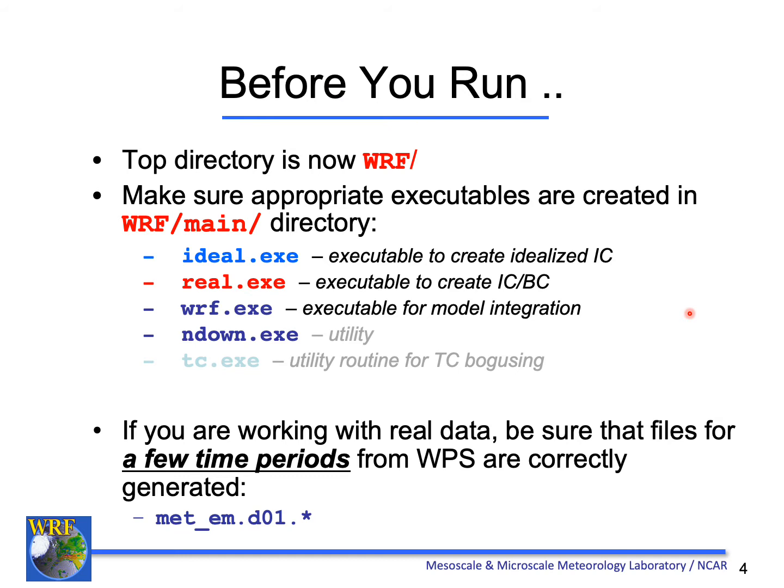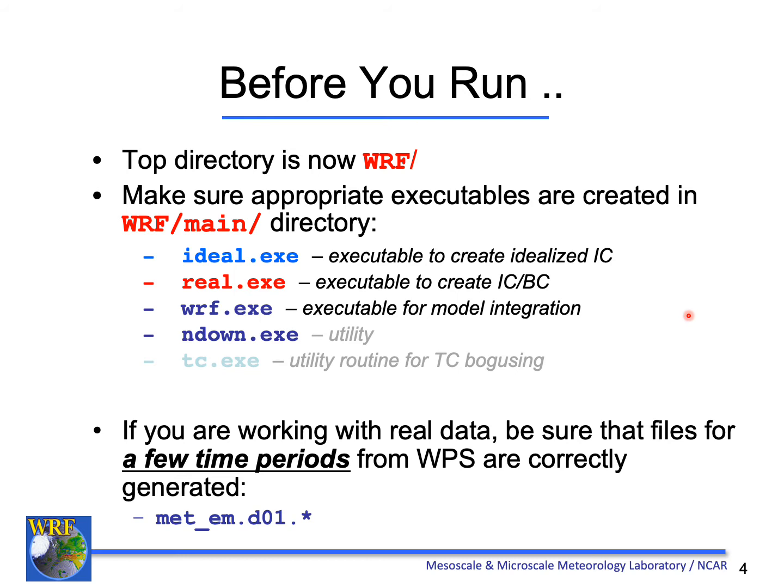Before we start to run the model programs, the first thing to do is to check if we have the executables we need to run the programs. Here we skipped the compile step, which will be covered in another talk. Assuming we have compiled the code successfully, the WRF executables will reside in the WRF main directory after compilation.